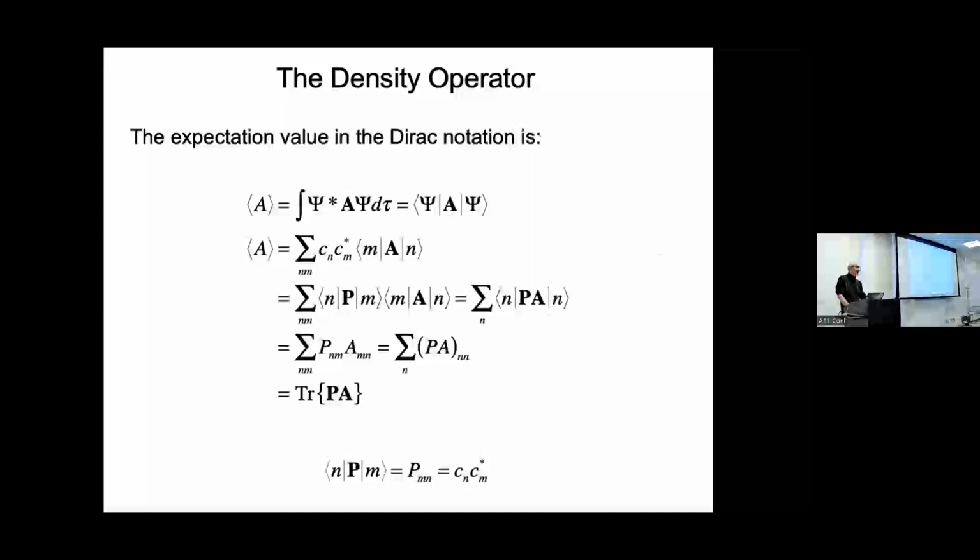One way we could do this is to redo the calculation for each individual member of the ensemble and then average them together. That's really painful. Even if I divide my NMR sample into sub-ensembles that behave the same, and each sub-ensemble has 1,000,000 spins in it, I still have 10 to the 11th ensembles.